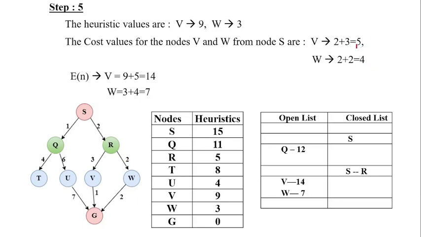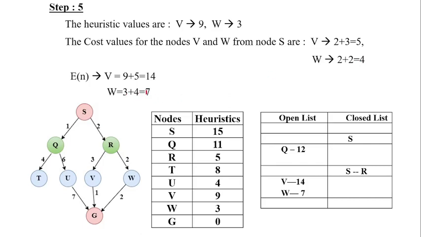Add these path cost values with the heuristic value. So, for node V, we will get the value as 9 plus 5, which is equal to 14, which is the evaluation cost. For node W, the heuristic value is 3 and the path cost value we have obtained is 4.